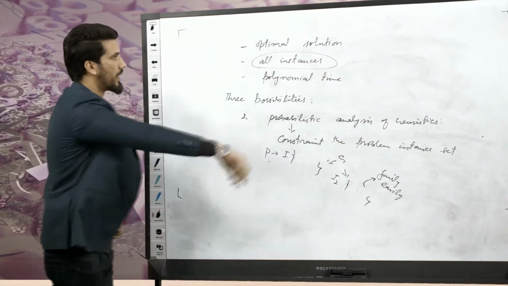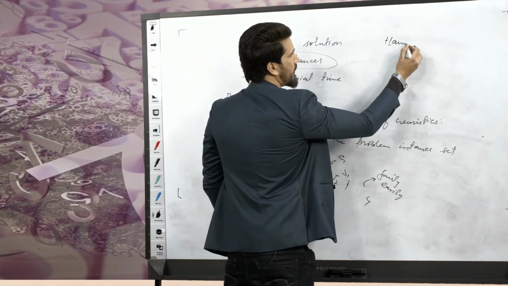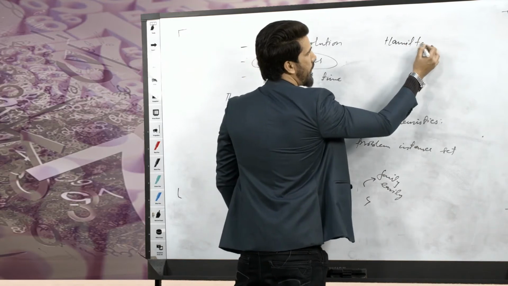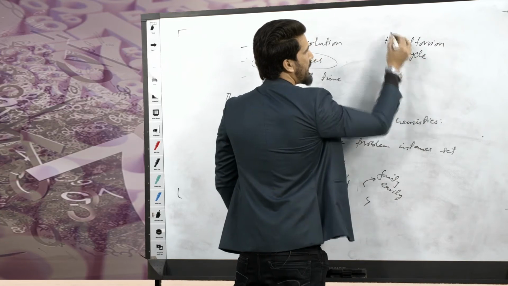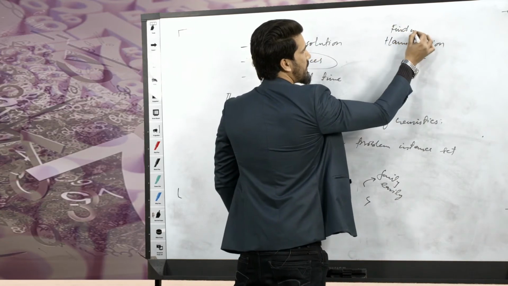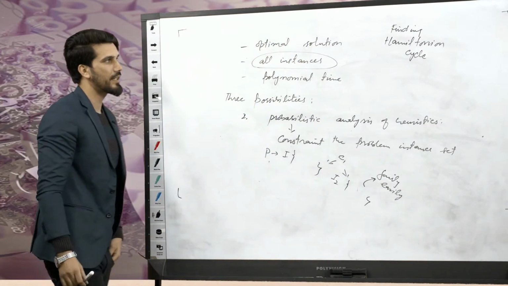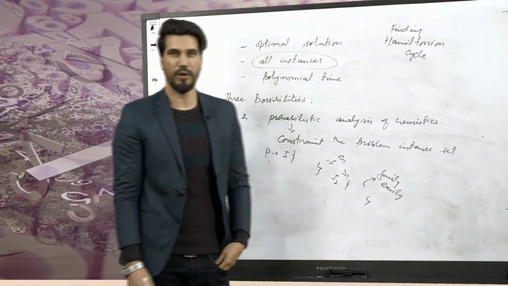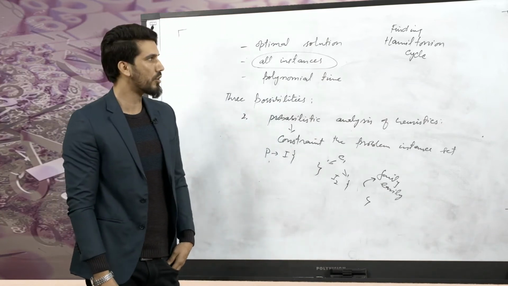For example, Hamiltonian cycle search, or finding Hamiltonian cycle. Again, this is an NP complete problem, cannot be solved easily. It's very hard to solve this problem.